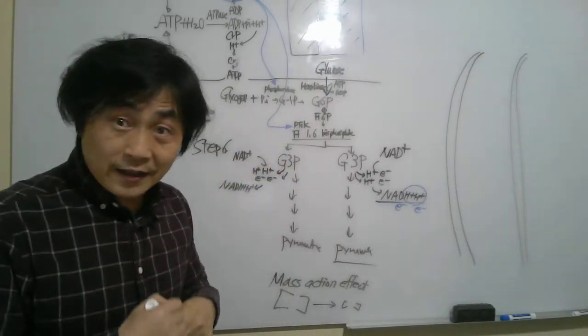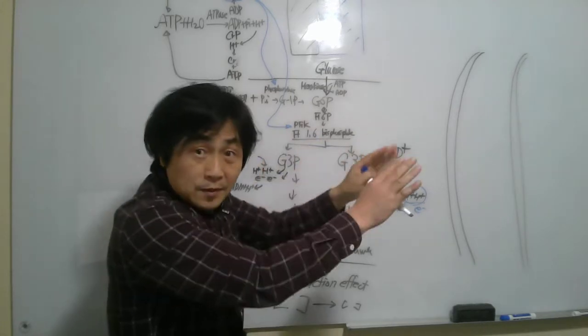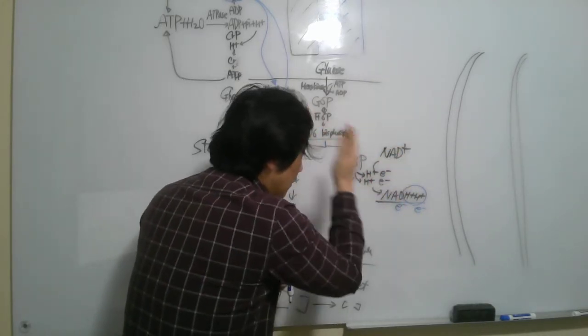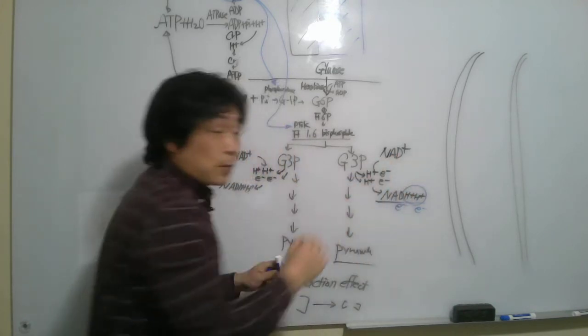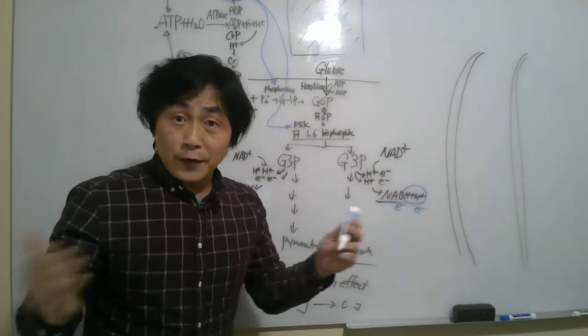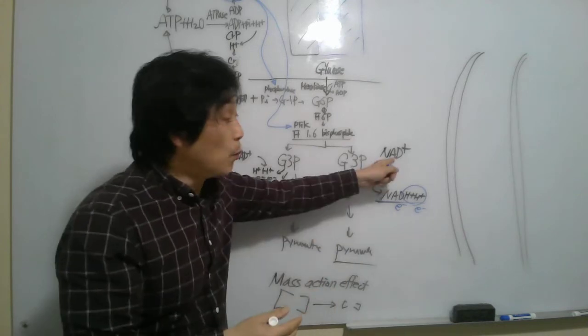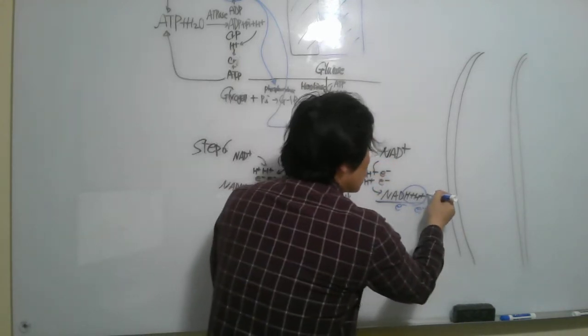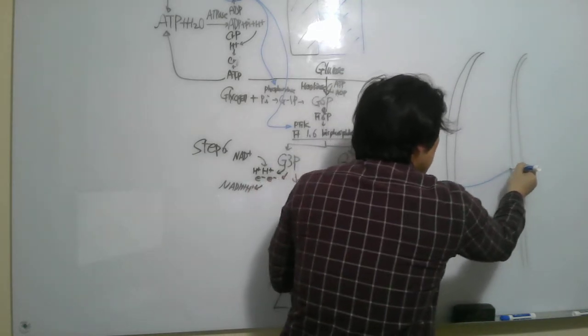But they cannot go by themselves, so this is why we need the coenzyme NAD plus. Dr. Gon calls it an Uber taxi, right? So these two protons, electrons go to the inner membrane space.